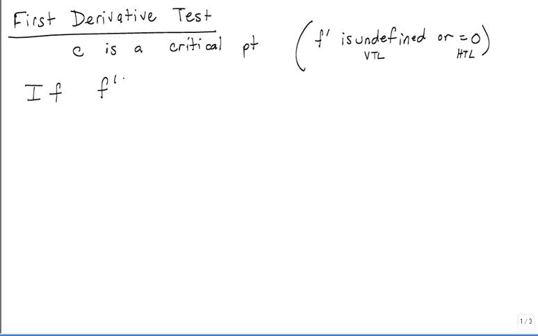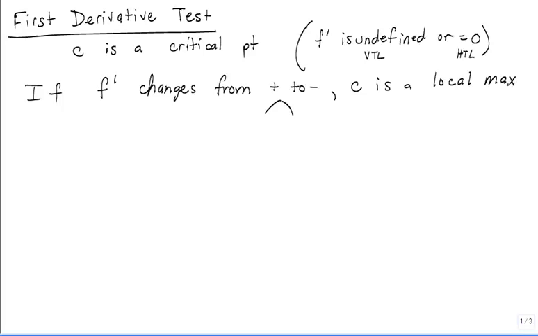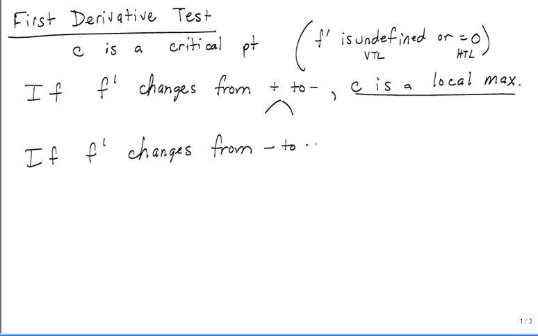If f prime changes from positive to negative, that means first it's increasing and then it's decreasing, then C is a local max. If f prime changes from minus to positive around C, then C is a local min.